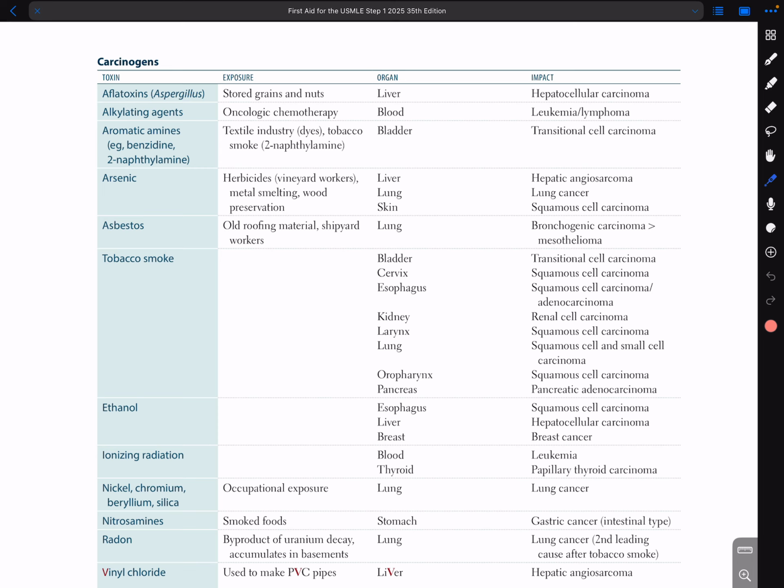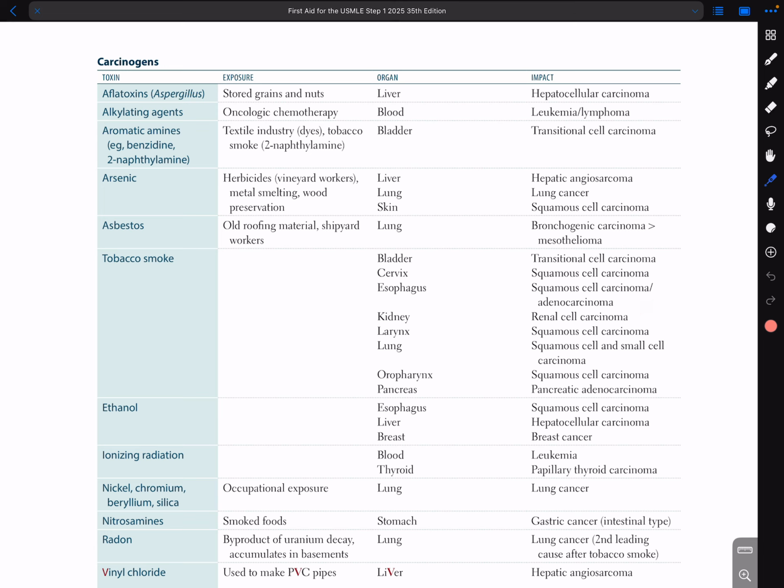Tobacco smoke can affect almost all the major organs: typically bladder, cervix, esophagus, kidney, larynx, lungs, oropharynx, and pancreas. Bladder: transitional cell carcinoma. Cervix and esophagus: squamous cell carcinoma. Kidney: renal cell carcinoma. Larynx: squamous cell carcinoma.